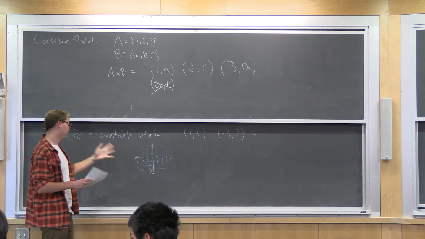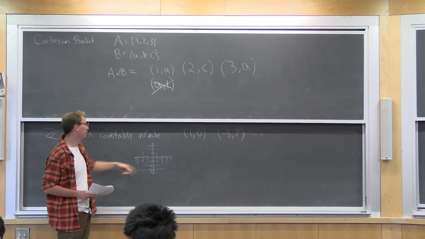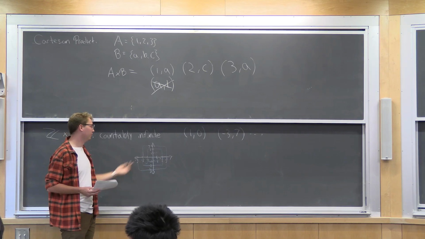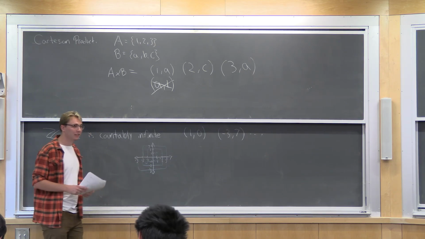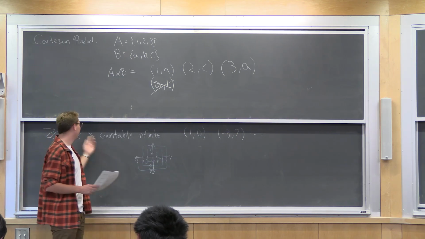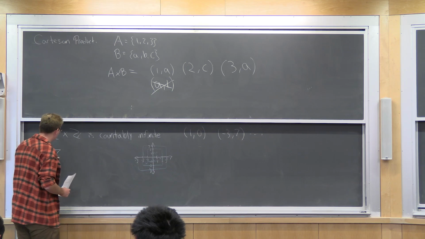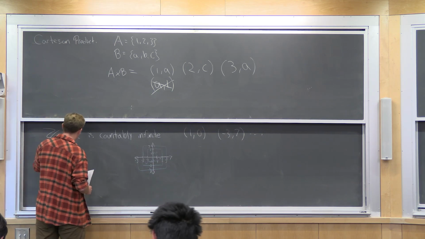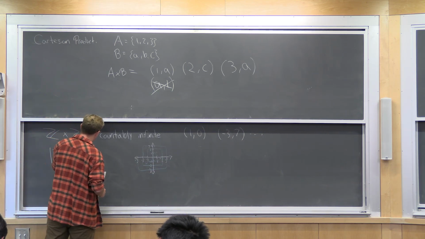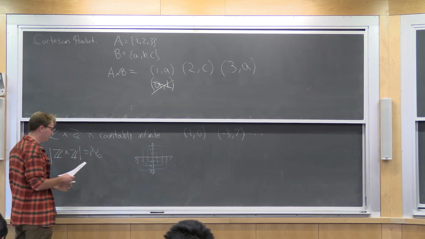And so we have just numbered all of the points, and if you keep going with this, you will hit every point in Z cross Z. So we have a bijection between the natural numbers and the Cartesian product. So these are also countably infinite.